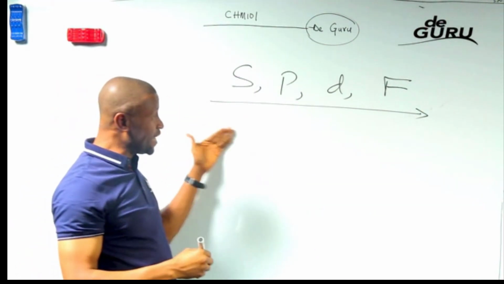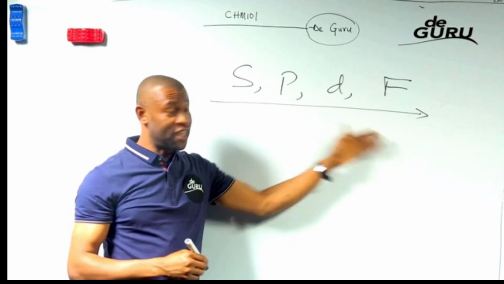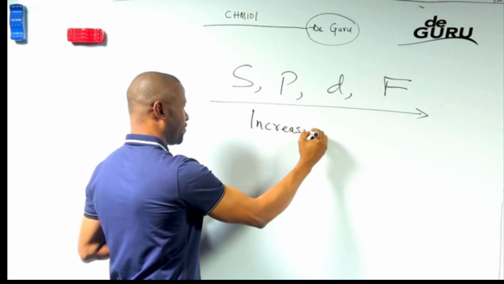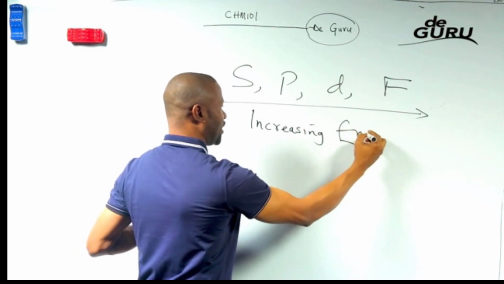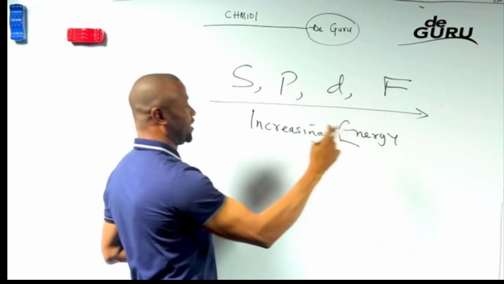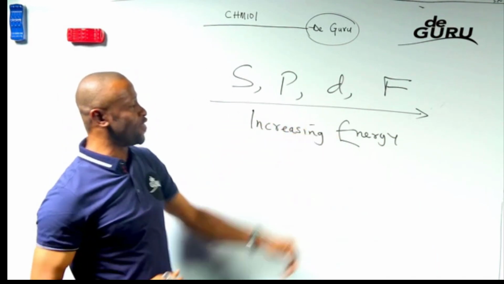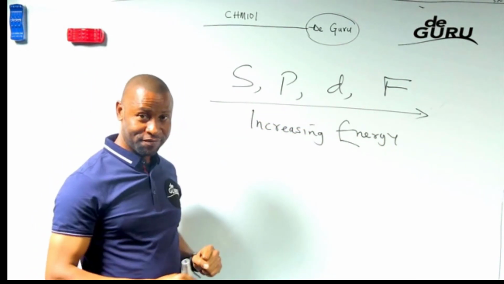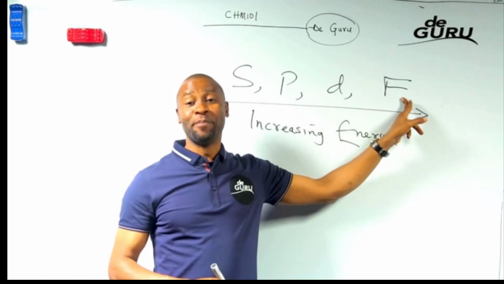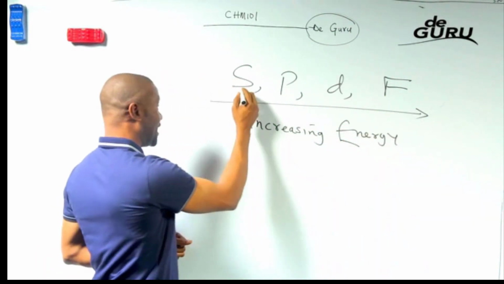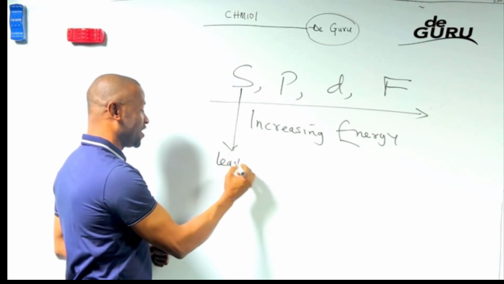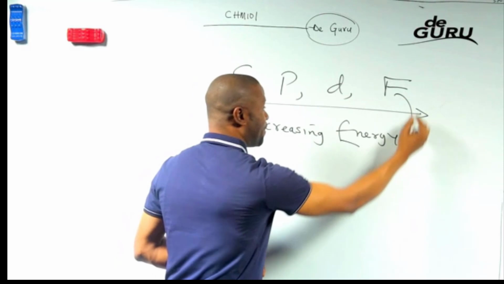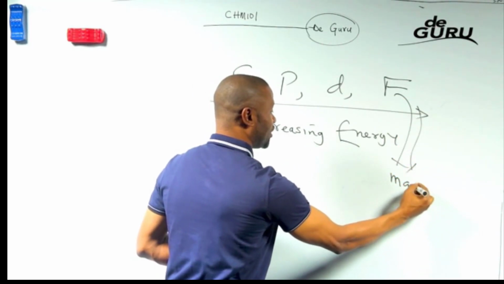This means increasing energy. And if you understand the direction of this arrow, it means that whereas the s orbital has the minimum amount of energy, the f orbital has what, somebody? The maximum amount. So this one has the least energy, and this one will have what, somebody? The maximum energy.